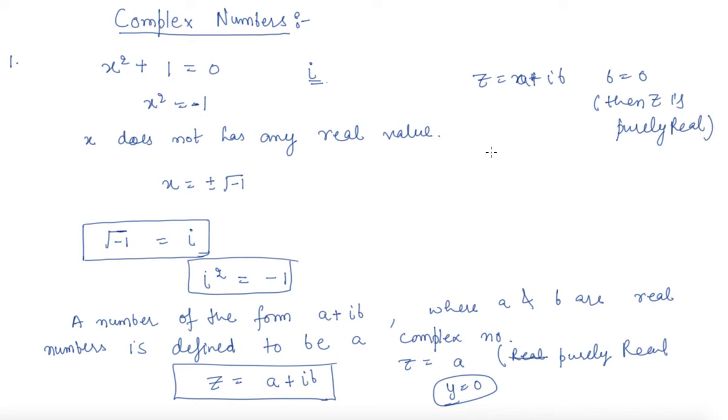And if a is 0 then z will be equal to iota times b, so then z is purely imaginary.